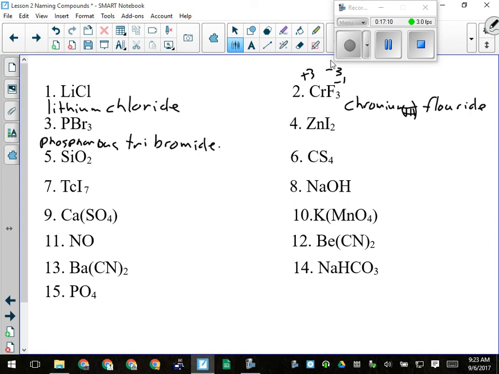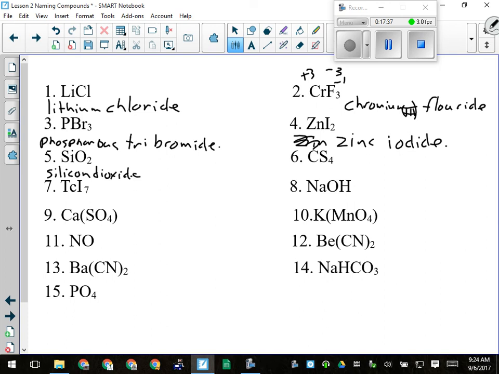Okay, number 4, ionic or molecular? Ionic, zinc is a metal. Yeah, so this is zinc iodide. That's not a capital. It looked like a capital. Okay, and for number 5, I've got silicone and oxygen together, molecular, so silicone dioxide.